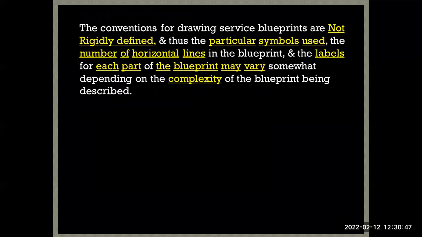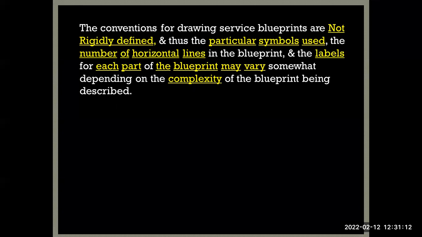The conventions for drawing service blueprints are not rigidly defined. So there is not a set of rules and regulations on how to prepare a service blueprint. Everything is not in black and white, everything is not hard and fast. So you can draw that blueprint as per your convenience, and use signs and symbols as per your convenience.